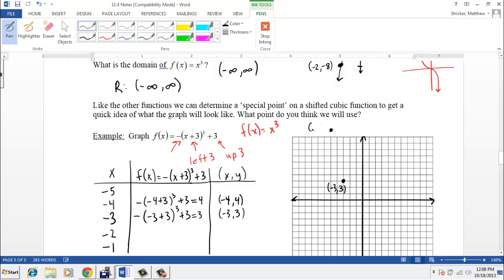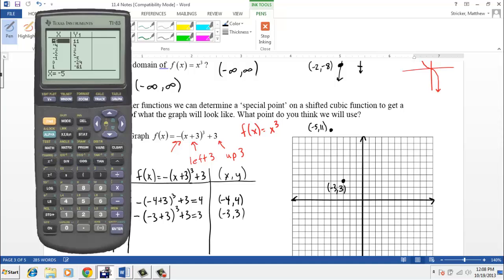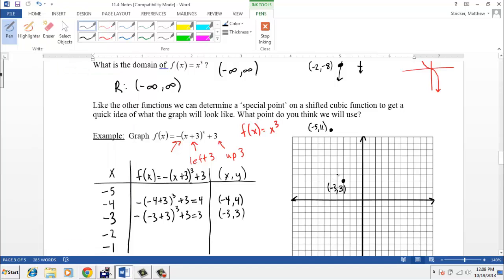We also have the point negative 4, 4, which we already found.